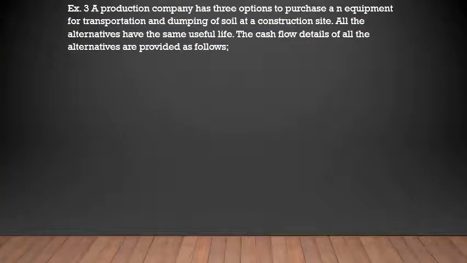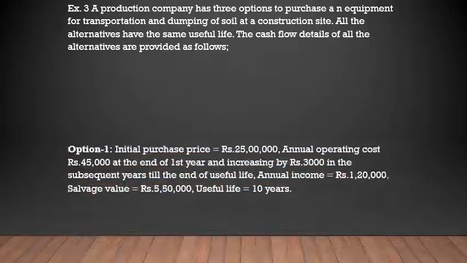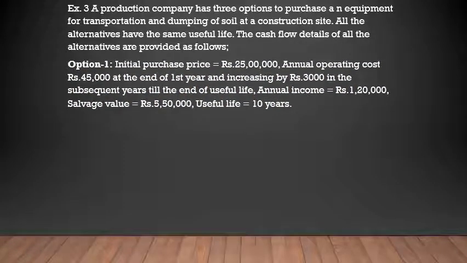Let us go to next problem. A production company has 3 options to purchase an equipment for transportation and dumping of soil at a construction site. All the alternatives have the same useful life. Let us see the cash flow details. Alternate option 1's details are given.